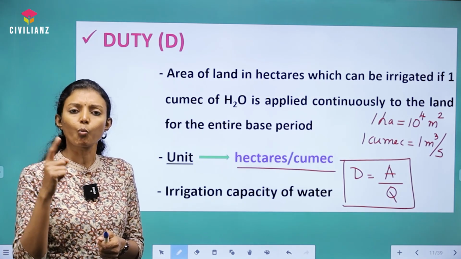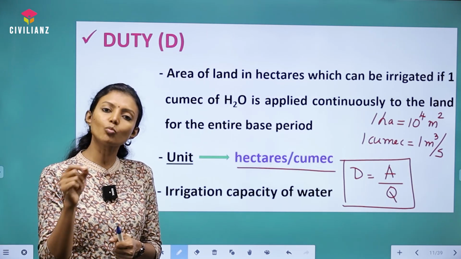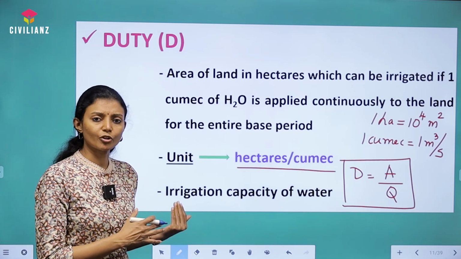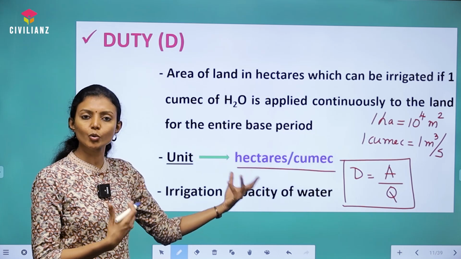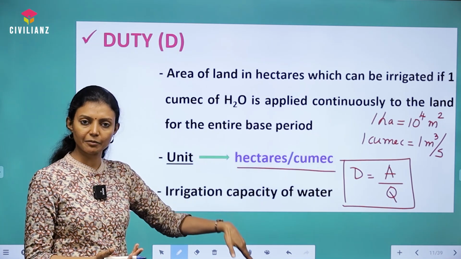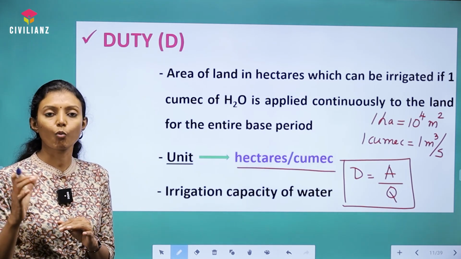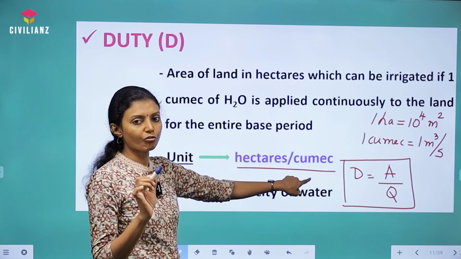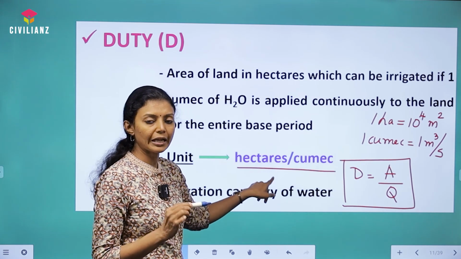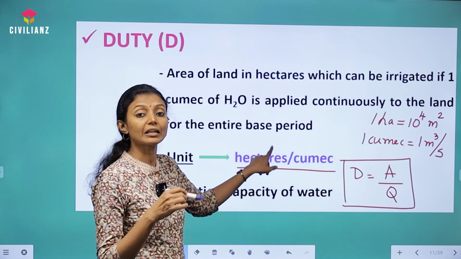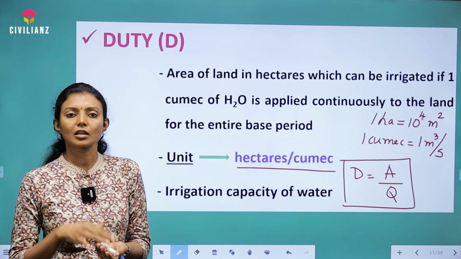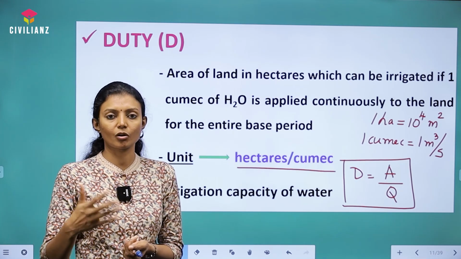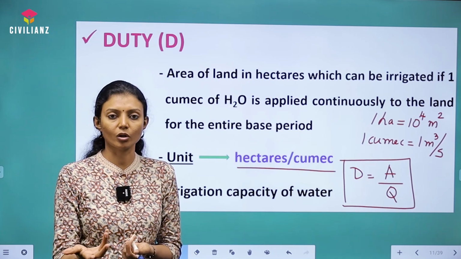That is, you are applying 1 meter cube volume of water in 1 second. Clear? So, the unit of duty is hectares per cubic, or you can say duty is equal to area divided by discharge. Now, I will explain what exactly is duty. Using 1 cubic of water, the total area in hectares which you can irrigate, that is known as duty. That is, you have 1 cubic of water in your hand and you are supplying this water to the crops.